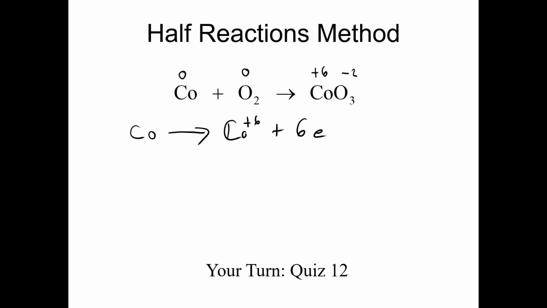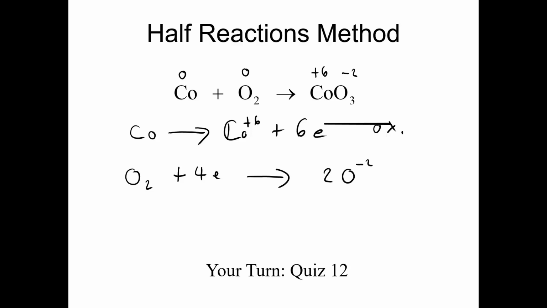And so this is the oxidation. And the reduction is, of course, O2 and 4 electrons going to, let's say O, because we got to balance that, 2 oxygens going to 2 O minus 2.